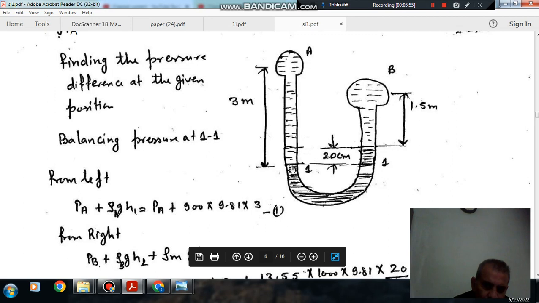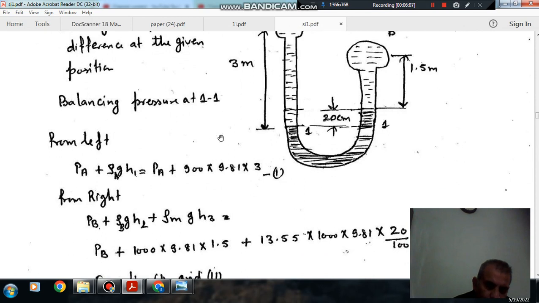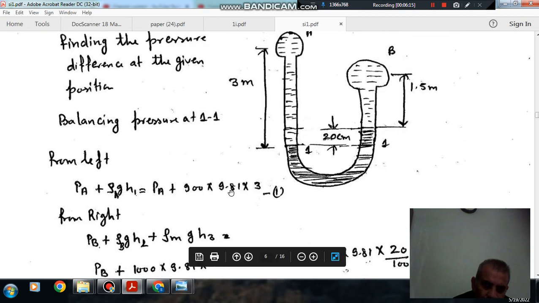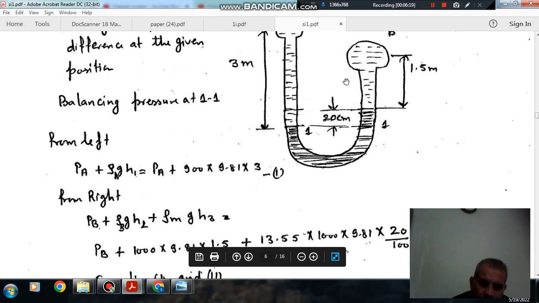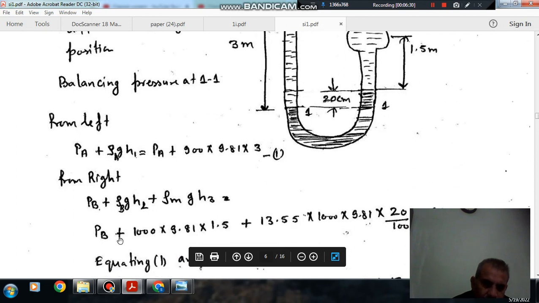So that is the pressure in the left limb, with rho equal to 900. Now on the right limb it will be PB plus rho B g H2 plus rho m g H3.